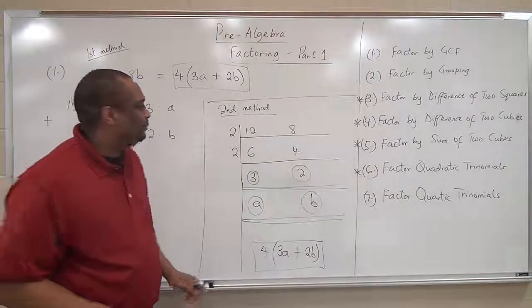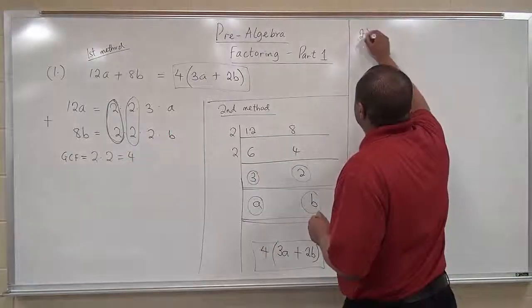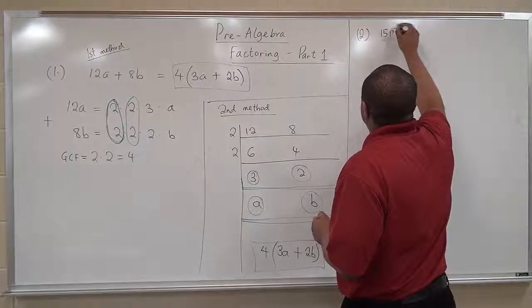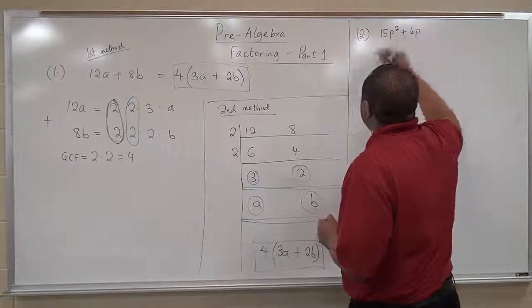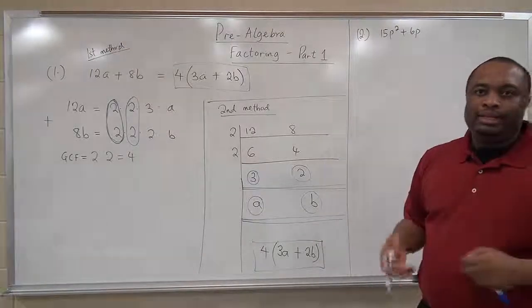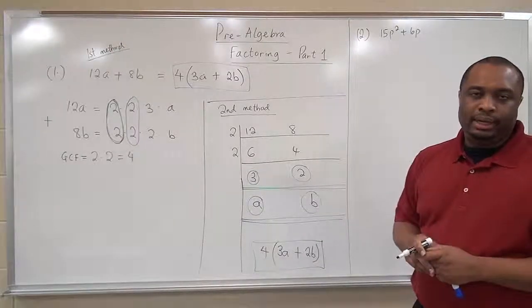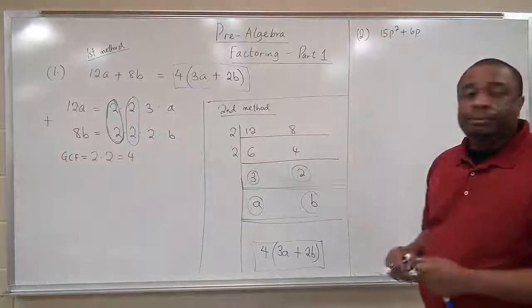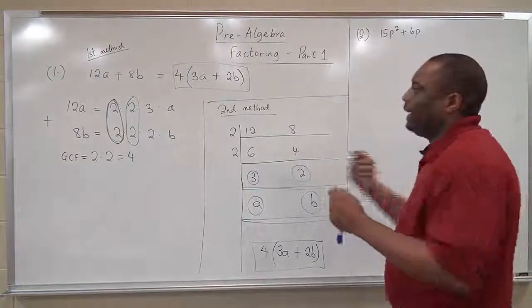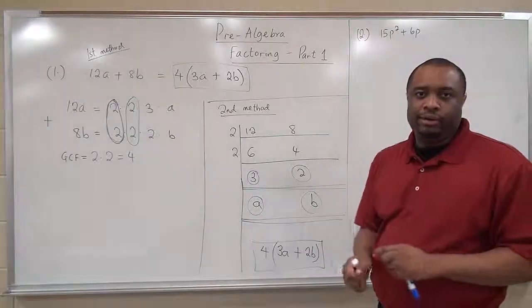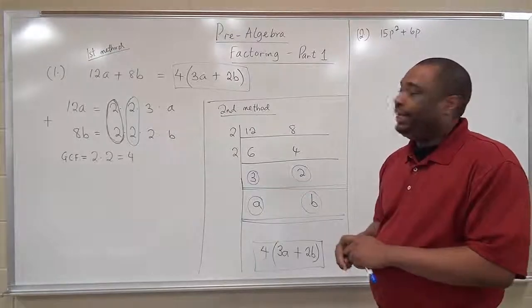Question 2. 15p squared plus 6p. Factor this. Let's do it with the 2 methods. You can pause and try it on your own first before you play it again.